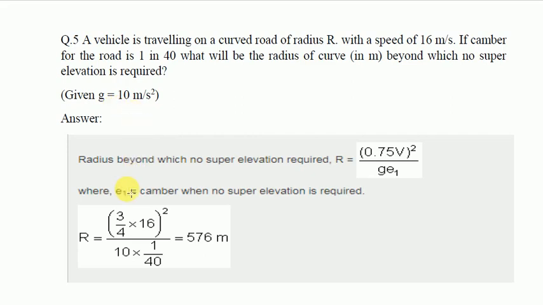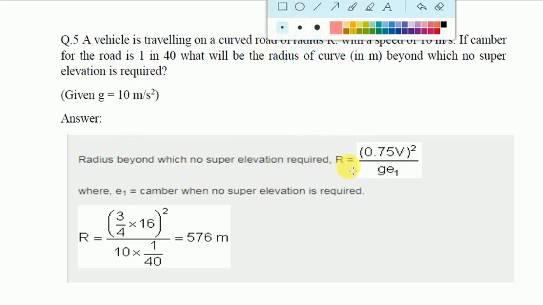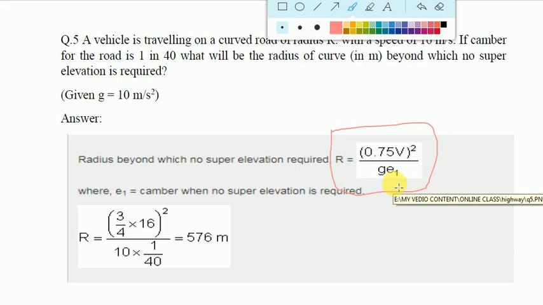So here is the solution. As we know, for mixed traffic conditions, the radius beyond which no super elevation is needed is given by this formula: R equals 0.75 V square upon g into e1. e1 is the camber that is provided for drainage condition.